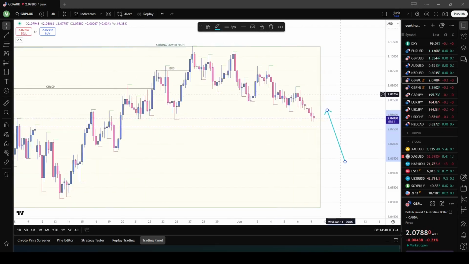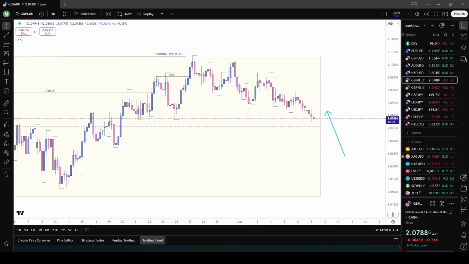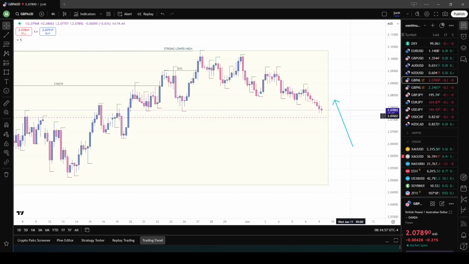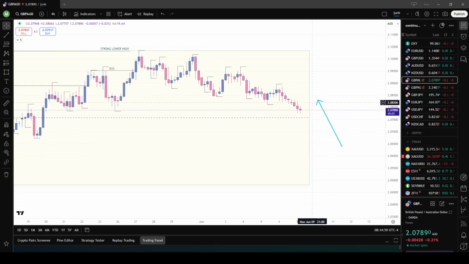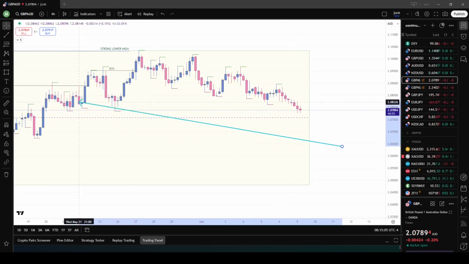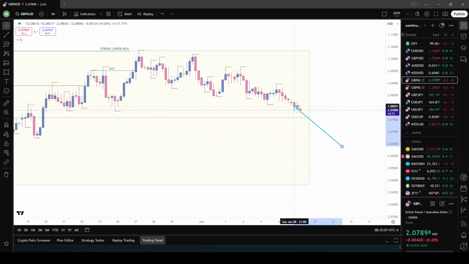This cross pair does correlate with the dollar pretty well, and it looks like the dollar index could start to reverse back into a bullish direction, but I'll wait to see if that decision is going to be made on this pair also. I'll wait to see if it does pass this area, then see if it retraces back and look for a selling opportunity to take out the lows of this overall range. Swing structure bearish, internal structure bearish.